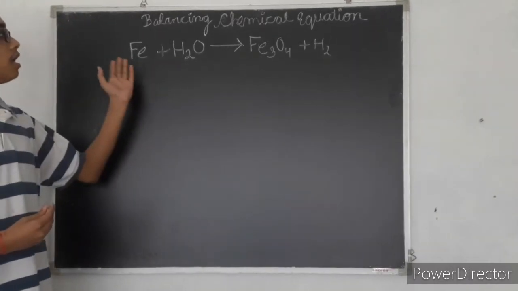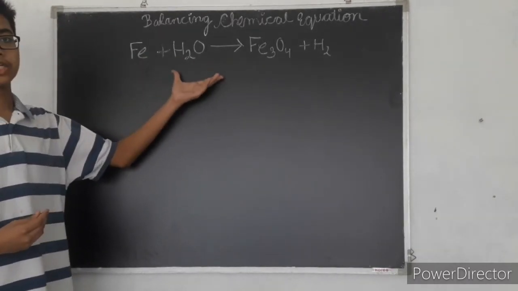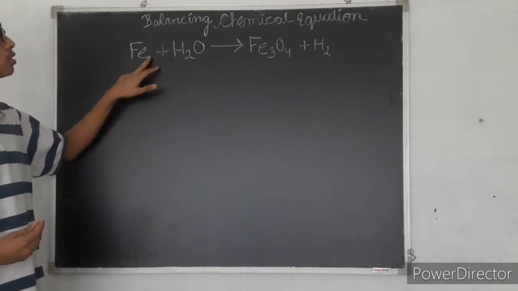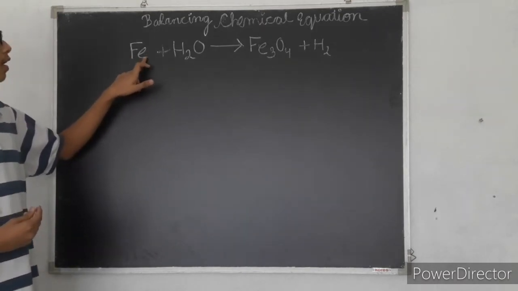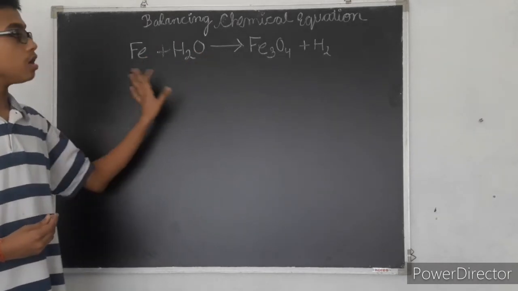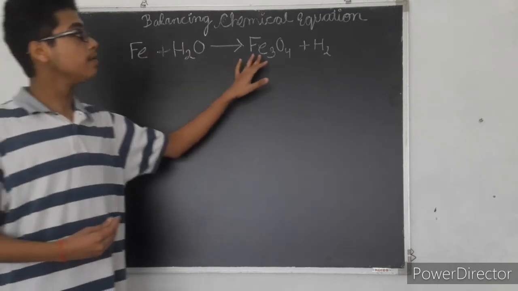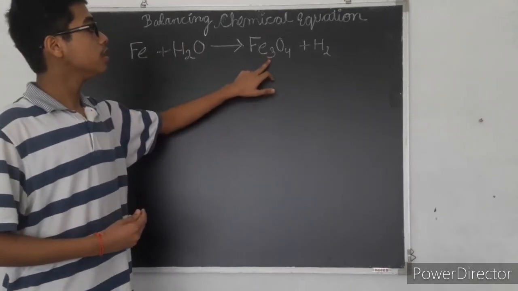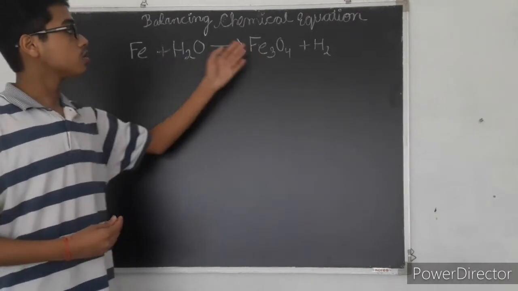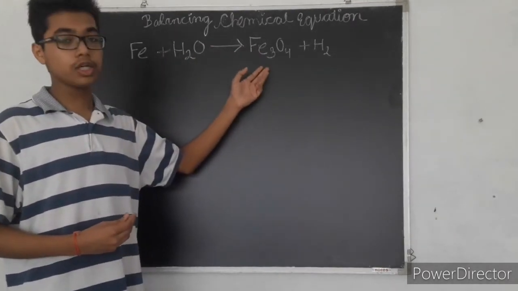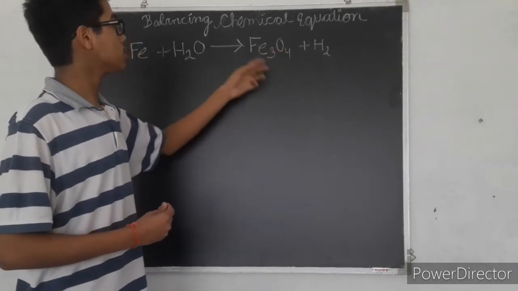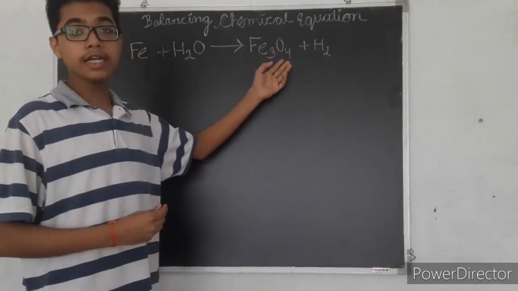Like this is not a balanced equation. There is one atom of iron, two atoms of hydrogen and one atom of oxygen on the reactant side, and the products formed have three atoms of iron. Fe means iron, but here it is 1, so it shows that two atoms are created. And here four atoms of oxygen, and here it is 1, so three atoms are created.